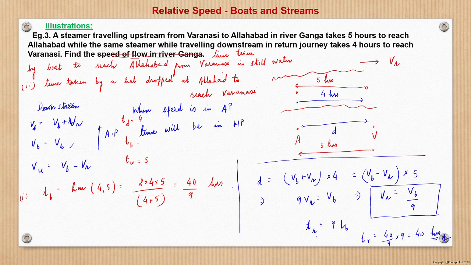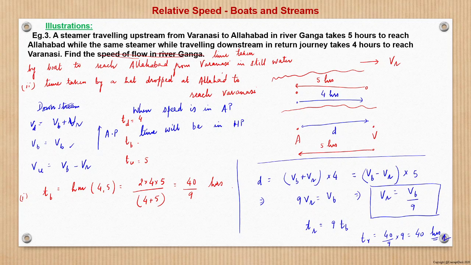So this Tr is nothing but the time taken by the flow of water to reach from Allahabad to Varanasi. And when a hat is dropped, the hat does not have a speed of its own. So the hat will travel with the speed of the river. And the river is taking a time of 40 hours to reach from Allahabad to Varanasi. So it means that the hat here in this part 2 will take 40 hours to reach from Allahabad to Varanasi.